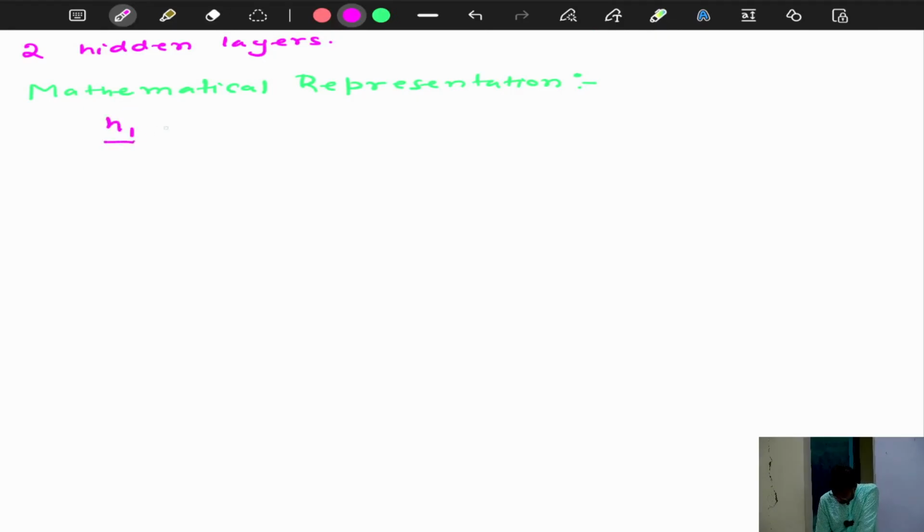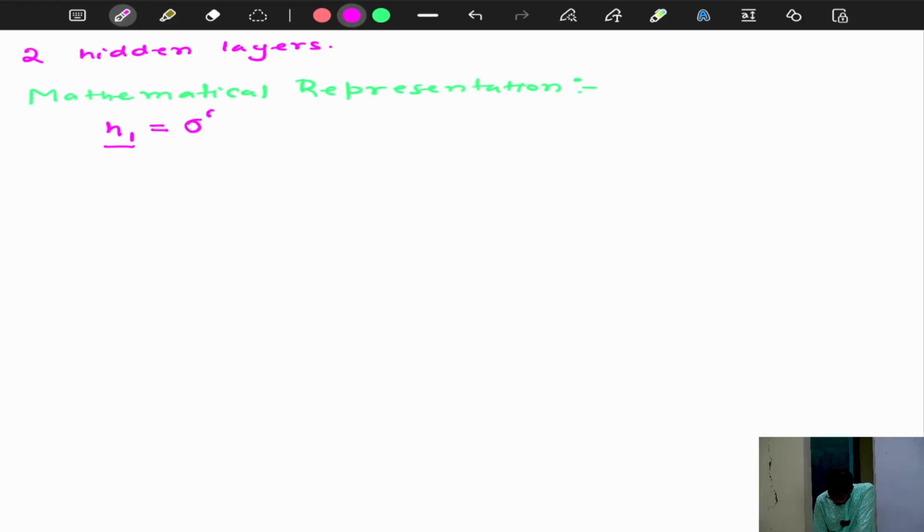h1, how will I write it? We did it a little while ago, so you should be able to tell. Sigma 1, then w1 x plus b1. x is my vector, b1 is my vector, w1 is my matrix.